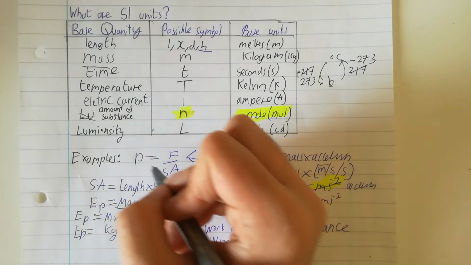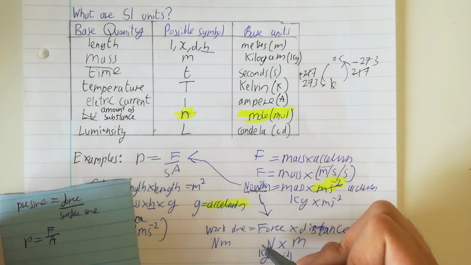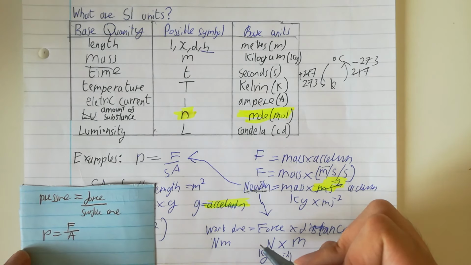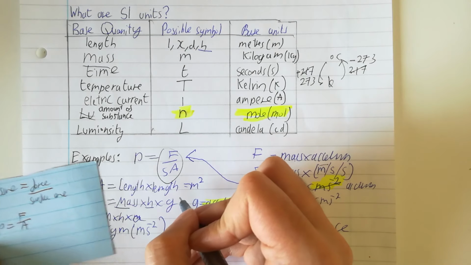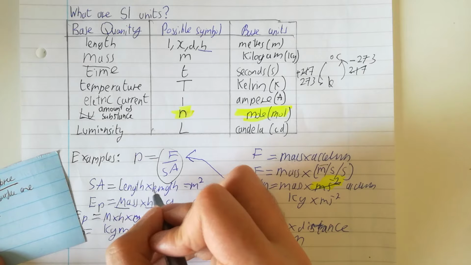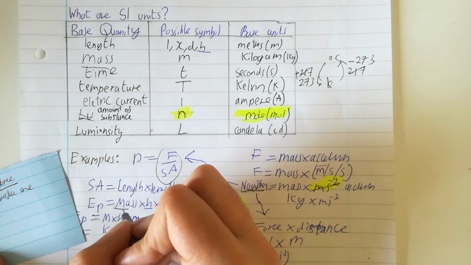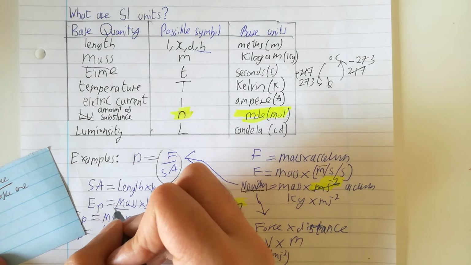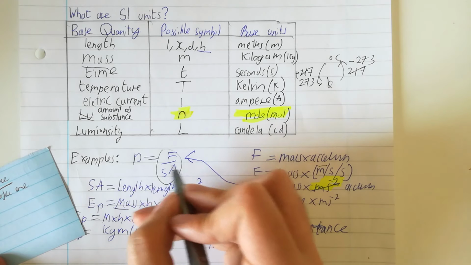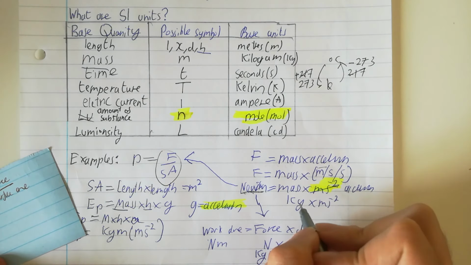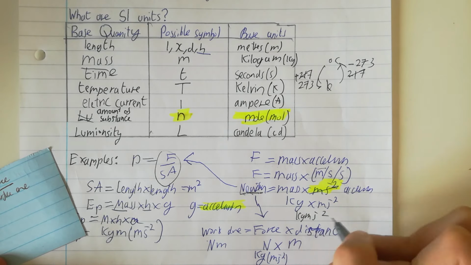And we'll do some other ones, such as pressure, which is force over surface area, as you can see here. Surface area is length times length, meters squared, that's the base quantity there. We already know how to write newtons in its base units, kilogram meters second to the minus 2.